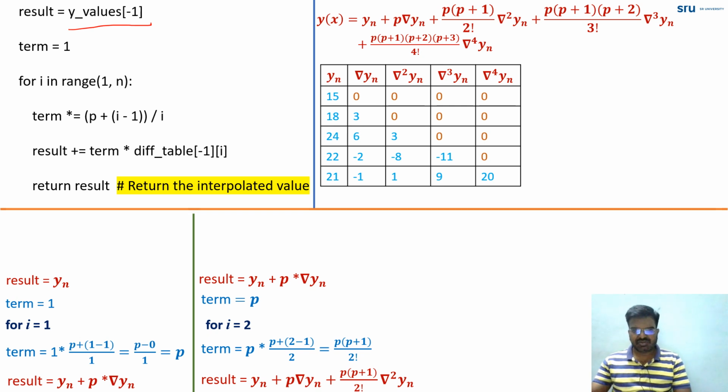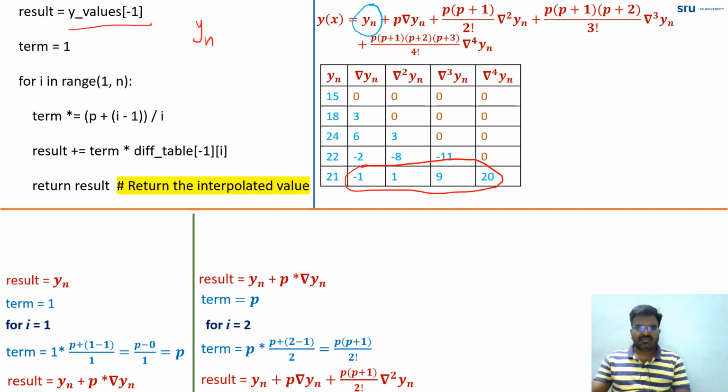So I have to substitute the last values of the table. Values minus 1 means it is yn. This is the first term of the formula, so we are starting the result with the first term.